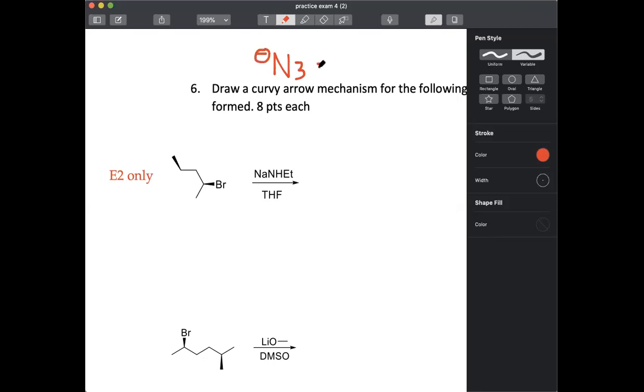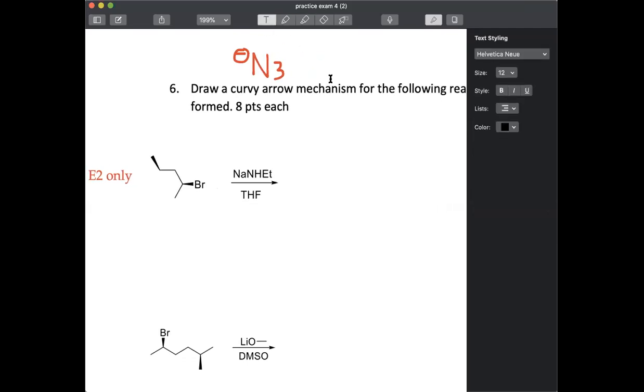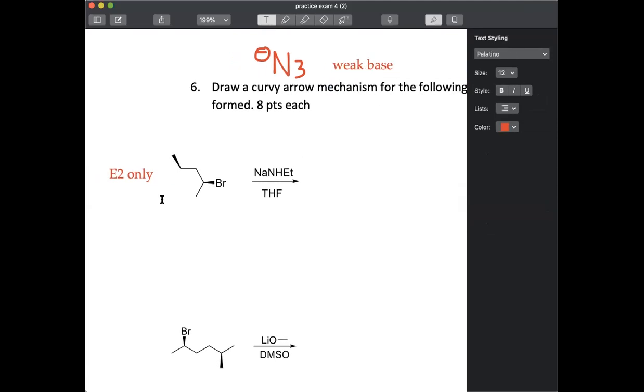This would be a weak base, and this is on our chart. Anything else that has a negatively charged nitrogen is a super strong base, E2. Because it resonates, you draw the Lewis structure, it will resonate.